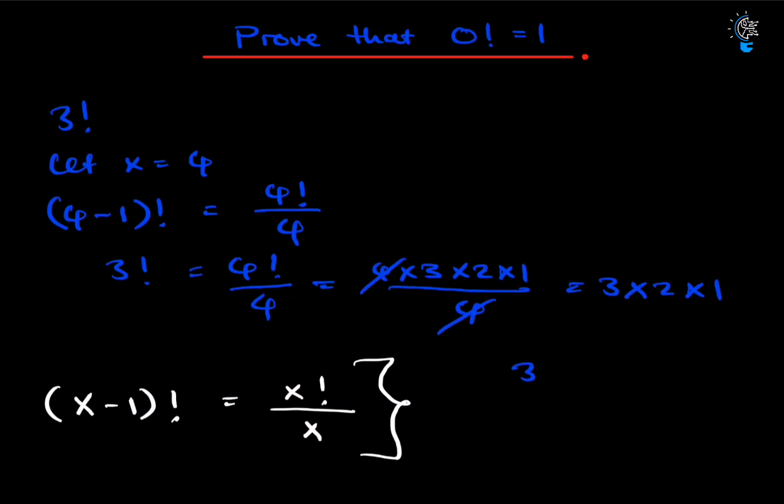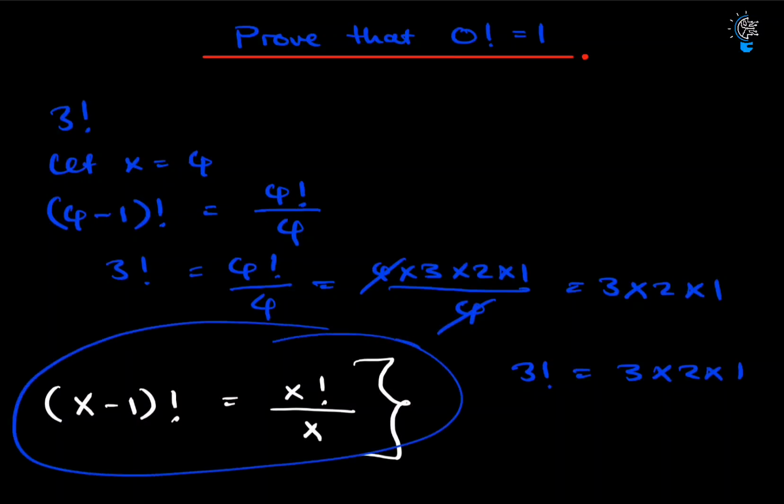We can see that 3 factorial is equal to this one. So the expression that we have can be used on any factorial of a number, and the end result will be the answer that we are expecting for that particular expression.